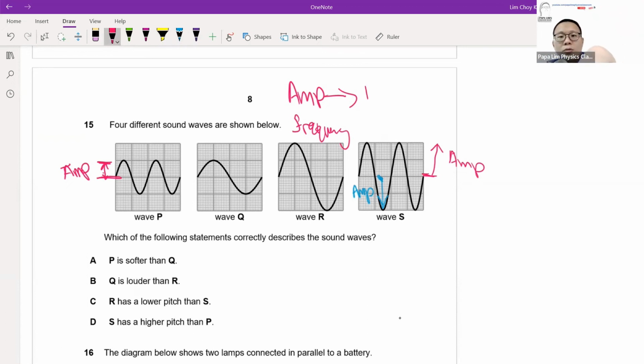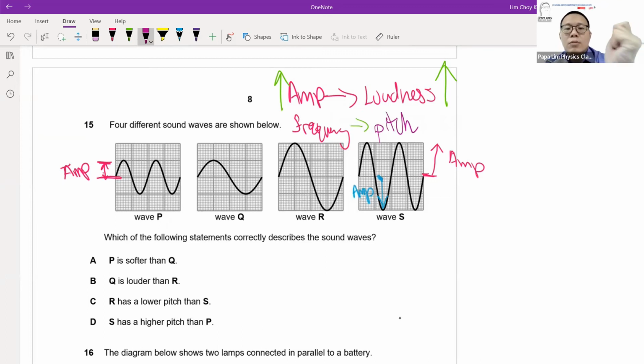After that, we will look at frequency and amplitude. What does each control? Amplitude controls the loudness of the sound itself. The higher the amplitude, the louder is the noise. Frequency controls what we call the pitch.